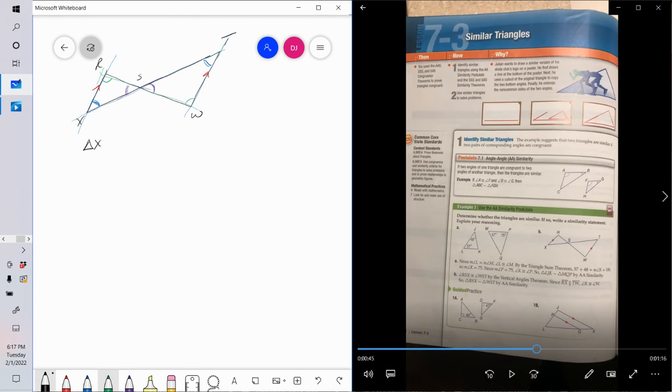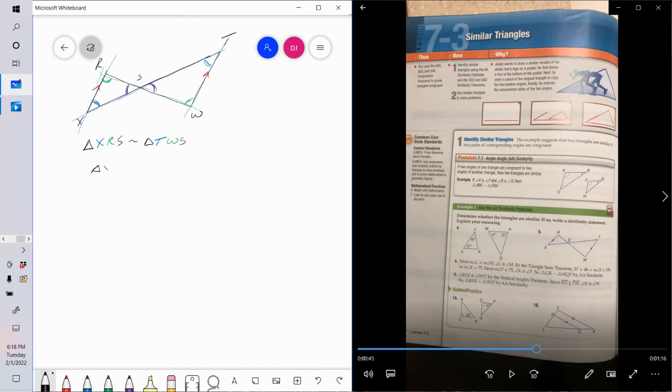So triangle, let's try to be tricky here. X, R, S. Okay, I'm using my colors here. That's similar to triangle. So X is the blue. That corresponds to, or is congruent to, angle T. Angle R is congruent to angle W. And then angle S here is congruent to angle S there.